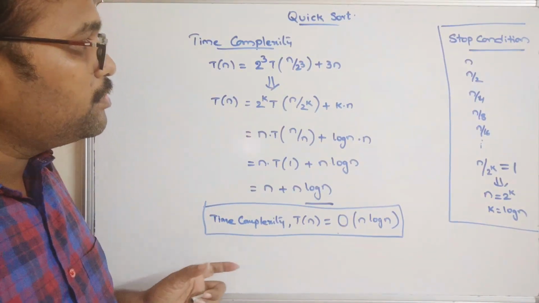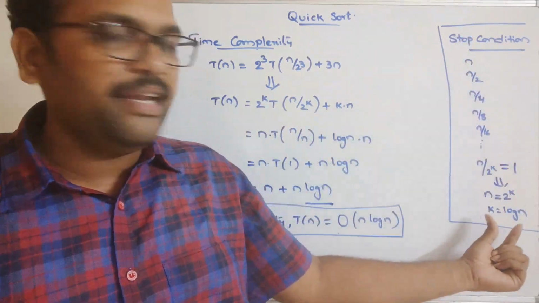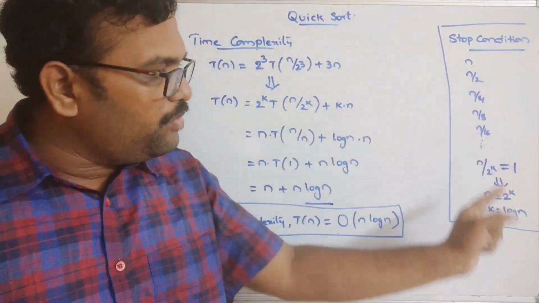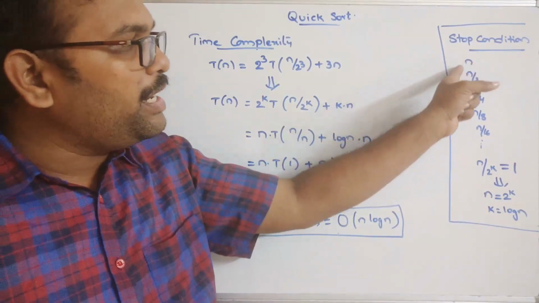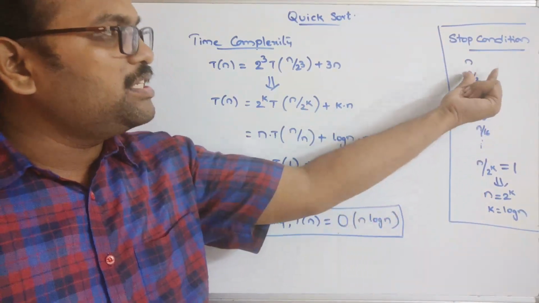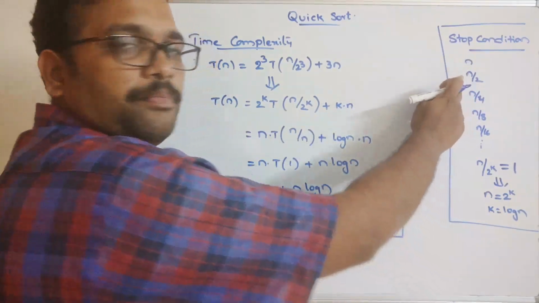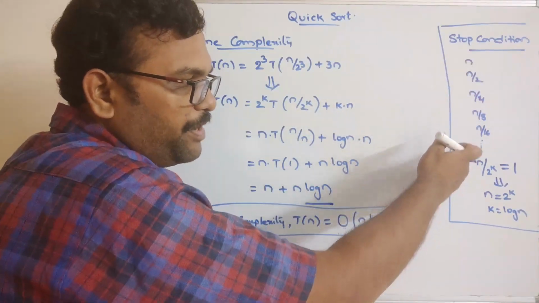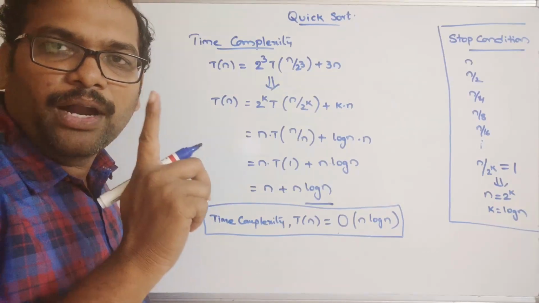So hope you understood. We are just dividing this one, and this is most important in every time complexity calculation, because from this only we are going to substitute these n and k values. So we keep on dividing the partitions. After the first iteration we divide the problem into half, and this process is repeated until the partition has only one element.